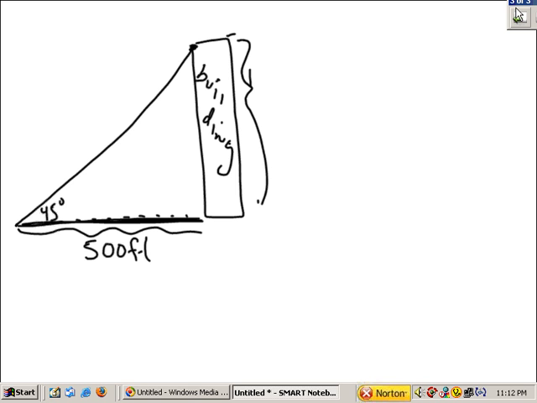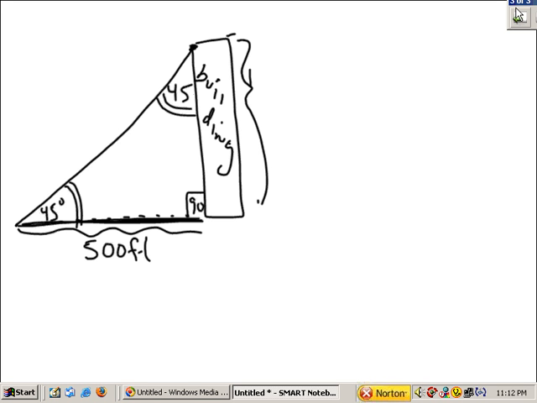Well, if this is the right angle and this is 45 degrees, then this is the other 45 degrees. Because in a triangle, the angles have to add up to 180. And if this is 90, there's 90 left. And I'm telling you this is 45. So then that's 45.